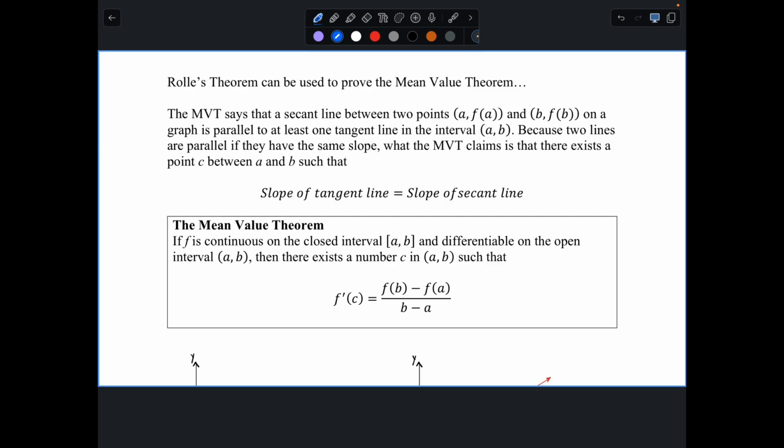That is basically what Rolle's theorem says, but Rolle's theorem just focuses on when the secant line is horizontal. So really, we could use the mean value theorem to prove the existence of f prime being equal to 0.